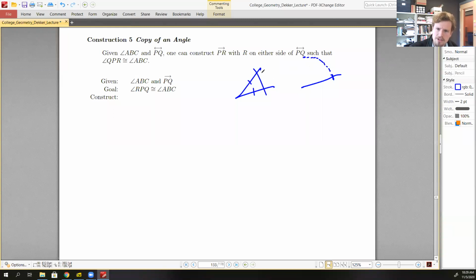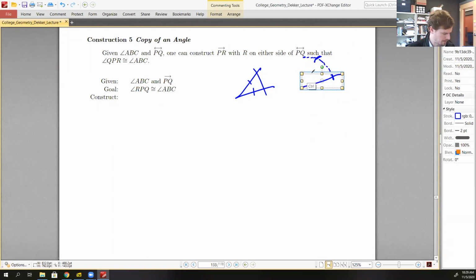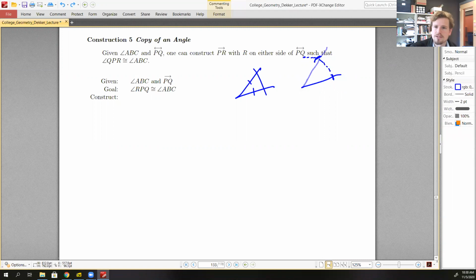Then I measure this distance with my compass, and I copy that over here, mark it, and we have ourselves an angle with the same measure. Okay, so that's the idea of what we want to do here.